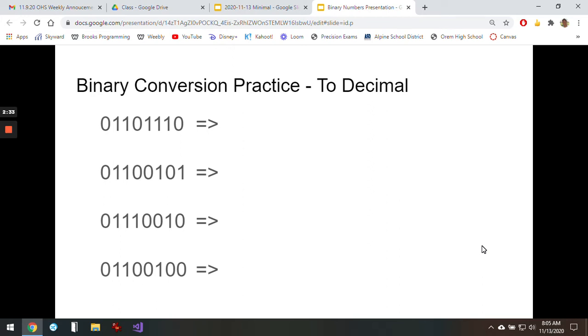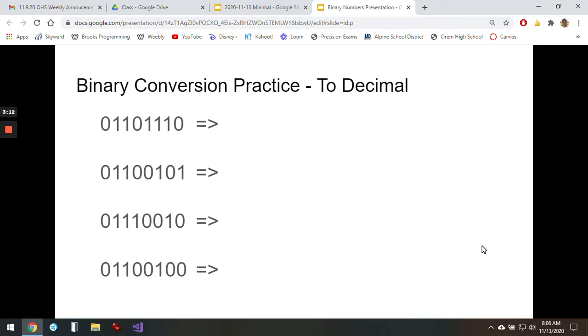So powers of 2. 2 to the 0 is 1. 2 to the 1 is 2. 2 to the 2 is 4. Then 8, 16, 32, 64, 128, etc. These are all powers of 2: 2 to the 3rd, 2 to the 4th, up to 2 to the 7th.